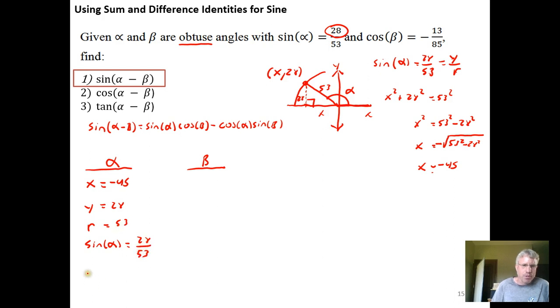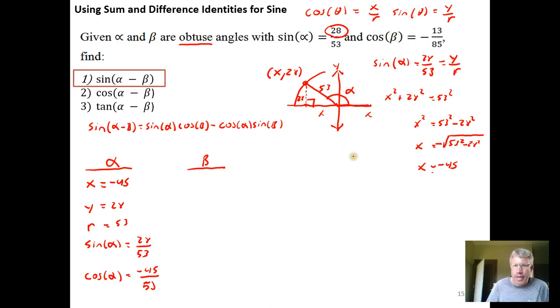And I'm also able to calculate the cosine of alpha, which is just the x-coordinate over the radius. That's just using the definitions for cosine and sine, right? Cosine of an angle is defined to be x over r, and sine of an angle is defined to be the ratio y over r. And I need to get the same information cataloged for beta so that I can sub it into this expression.